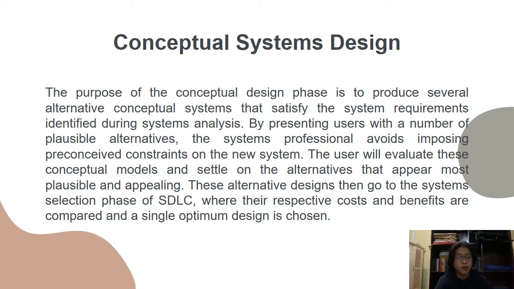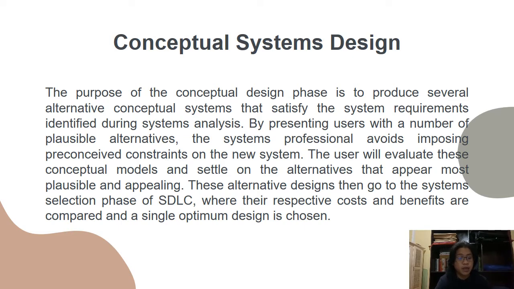The purpose of the conceptual design phase is to produce several alternative conceptual systems that satisfy the system requirements identified during systems analysis. By presenting users with a number of plausible alternatives, the systems professional avoids imposing preconceived constraints on the new system.